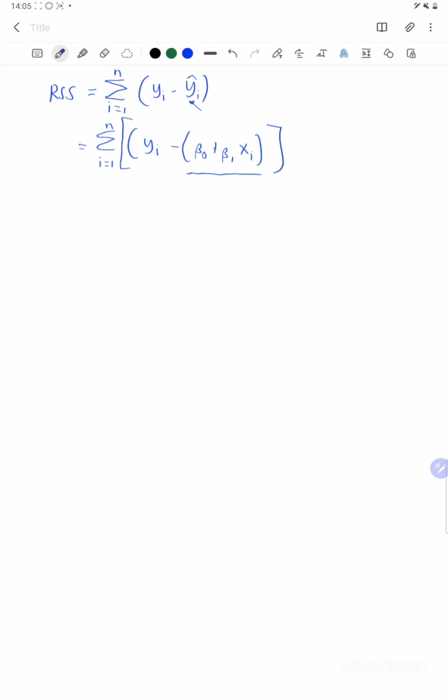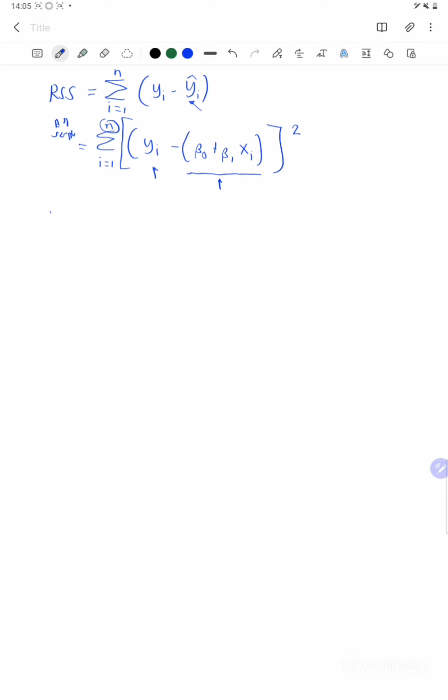So this is the summation. I forgot, I need to put the square, the difference between the original value and the predicted value, and square it. Then what's the total? This n is the number of samples.